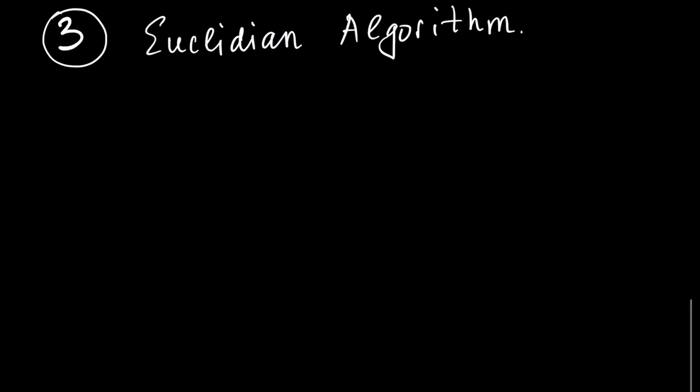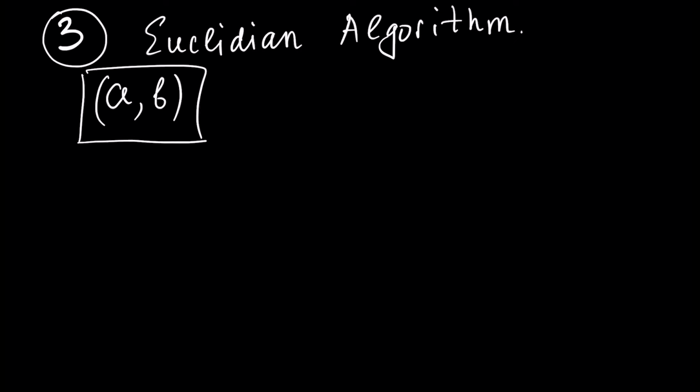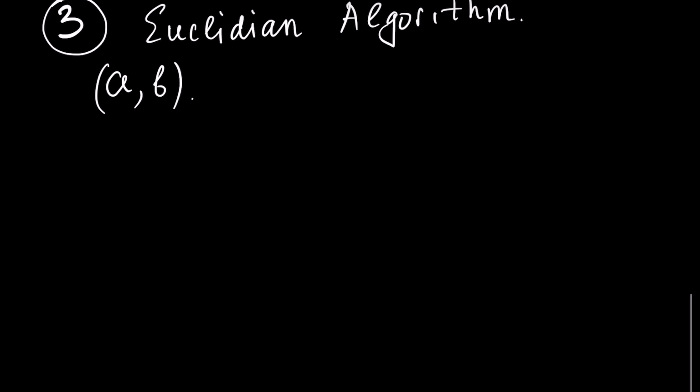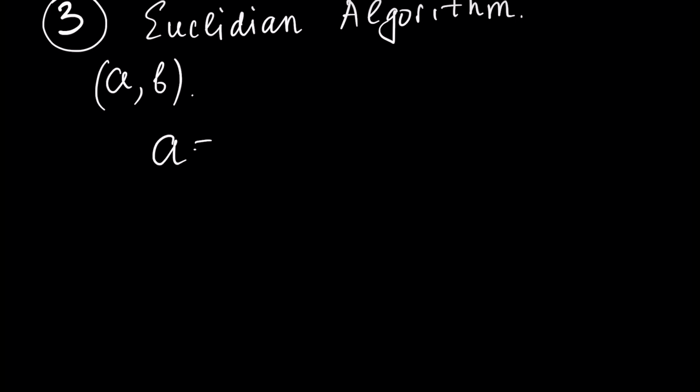Assume we have two numbers, A and B, and we want to find the greatest common divisor of A and B. How to do it? Using the previous result, for any A and positive B, we know that we can write A as B times some integer number Q1 plus a remainder R2.